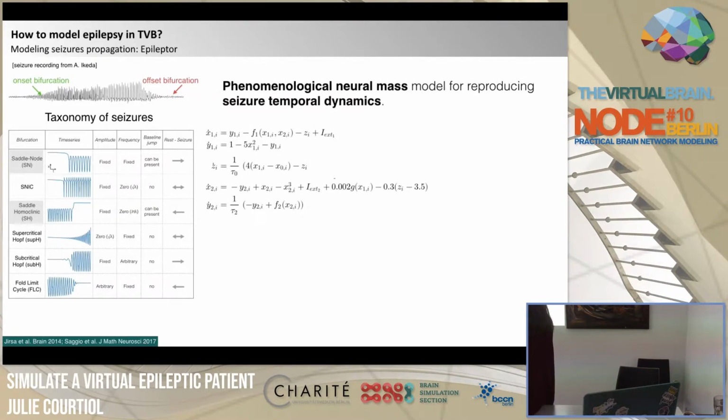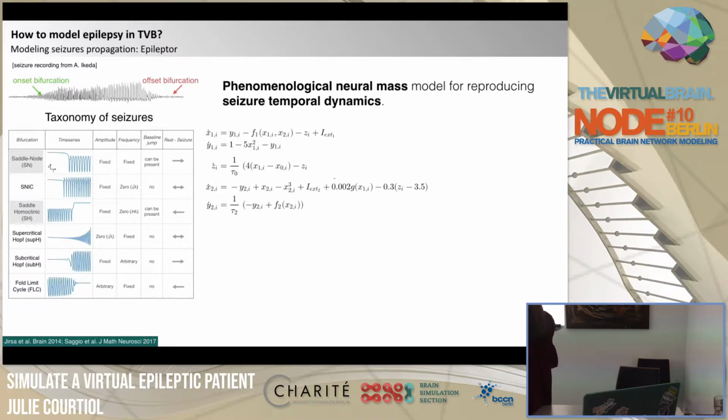So the Epileptor model is phenomenologic, so the variables inside the system are not linked to a biologic variable, but the global behavior of the system will reproduce realistically the behavior of these systems. So Epileptor is composed of 5 state variables.